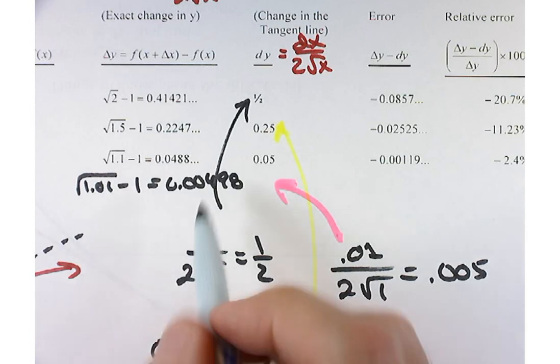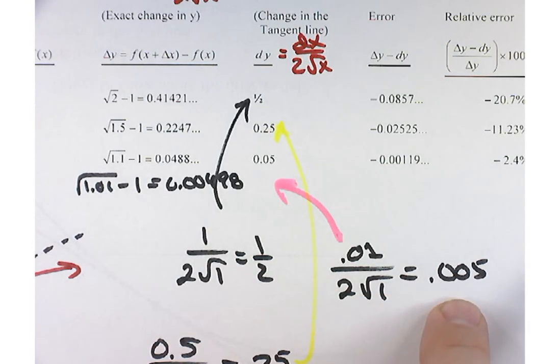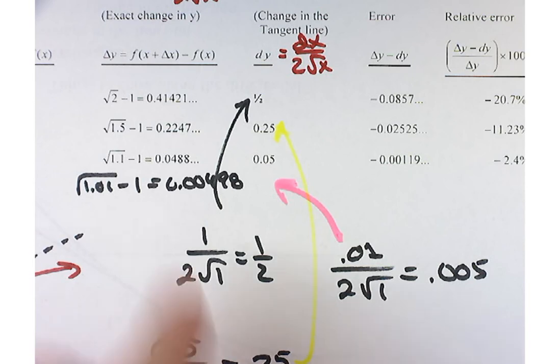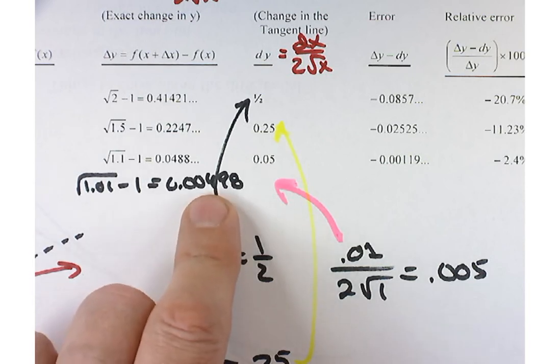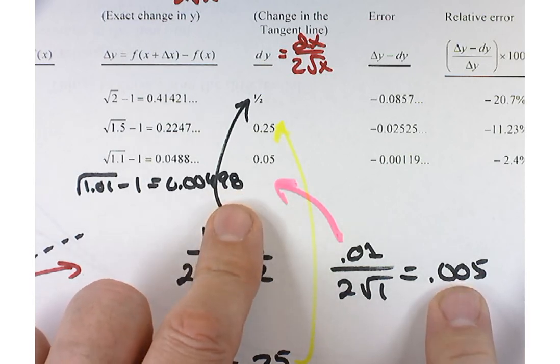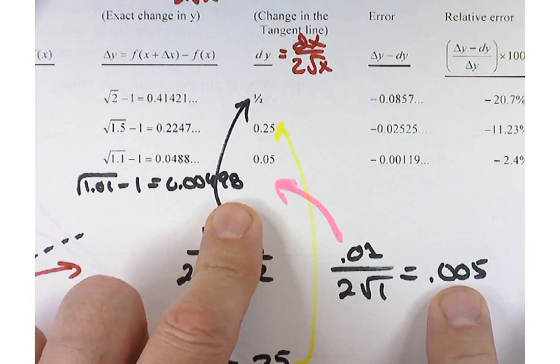So this is the exact change. Here's our approximate change. Are those pretty close? 0.00498 and 0.005. Are those pretty close? Yeah, I think they're remarkably close.